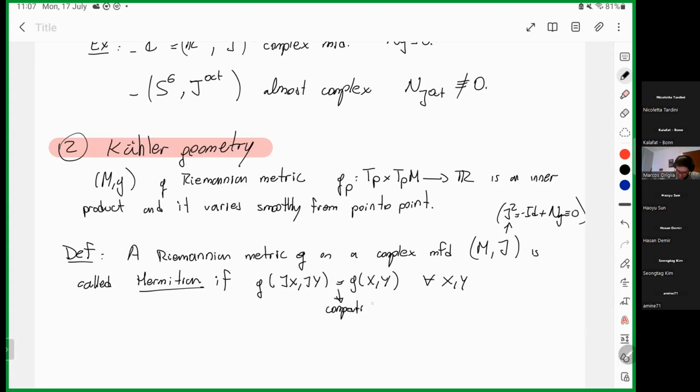In this case, we say that M with the complex structure and the metric is a Hermitian manifold.